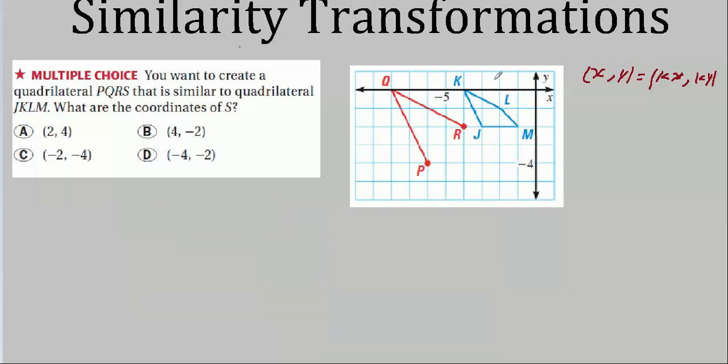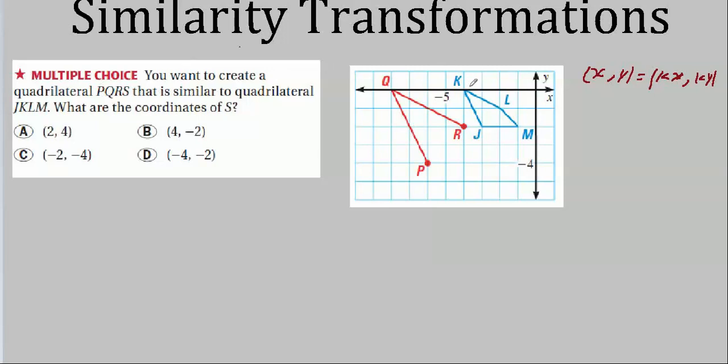So back to this problem. What do we have for a multiplier? Well, K is at the point (4, 0). Q is the corresponding point here. If we've got P, Q, J, K, assuming they wrote it correctly, the second letter corresponds to the second letter.